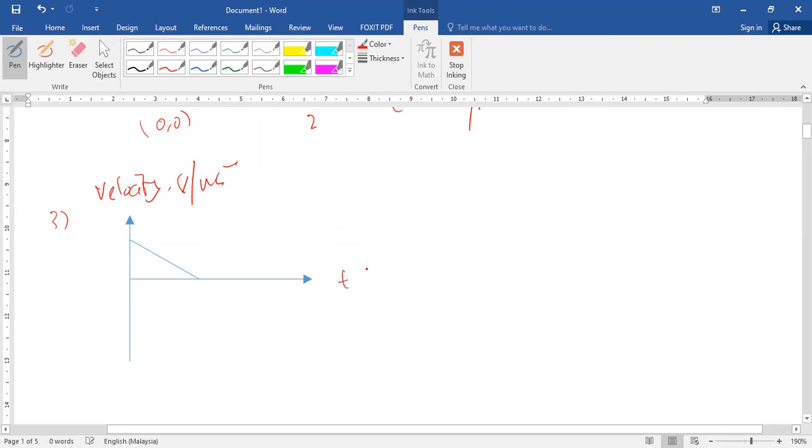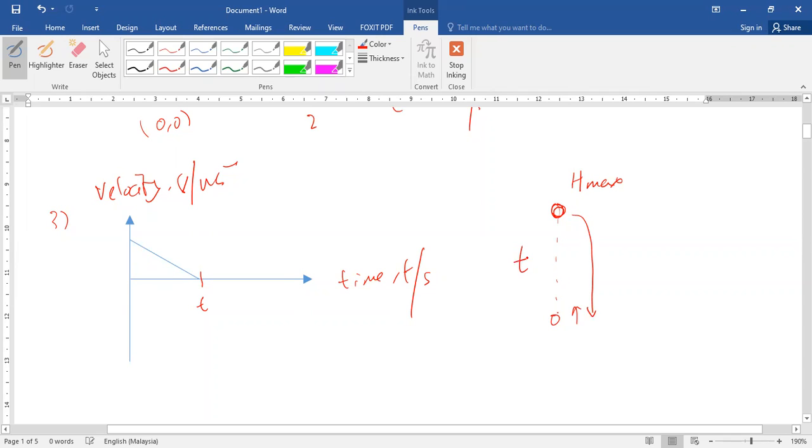and the time taken. Okay, when the object is thrown upward, it will move up until it reaches the maximum point. So the time taken is t. After that, it will fall down. Correct or not?